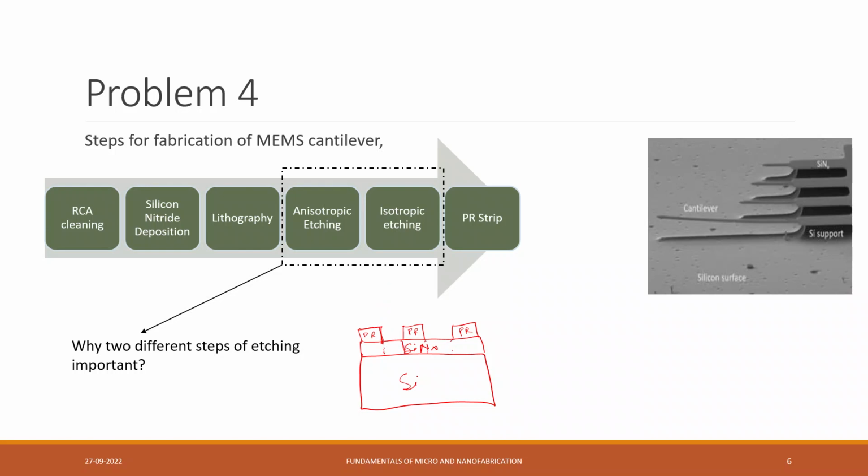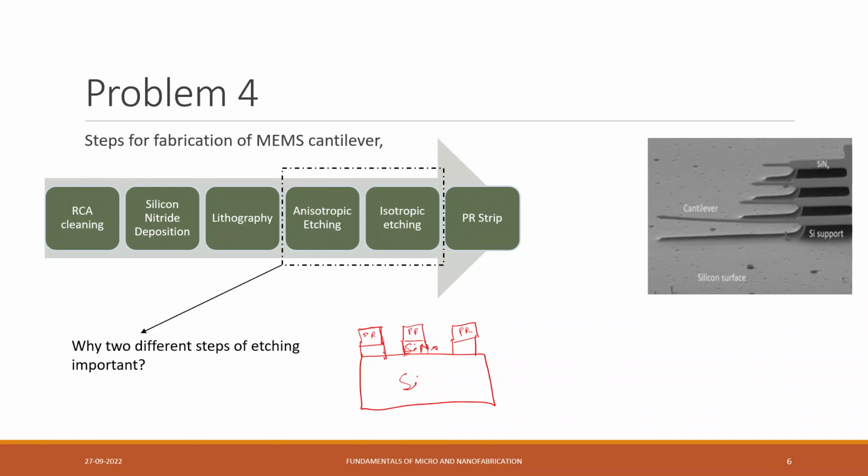Essentially these portions will be like this, and upon this we are now doing isotropic etching such that we get an undercutting here.